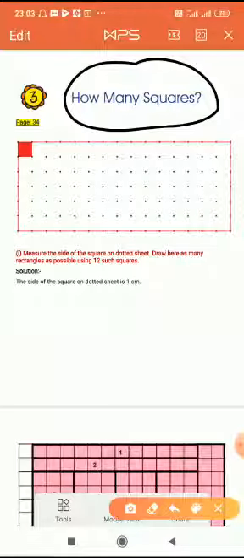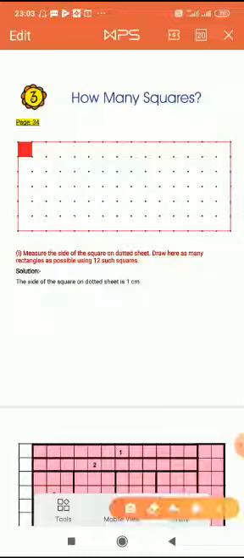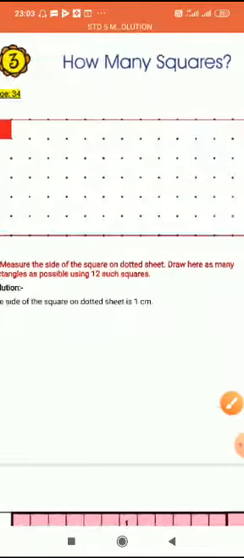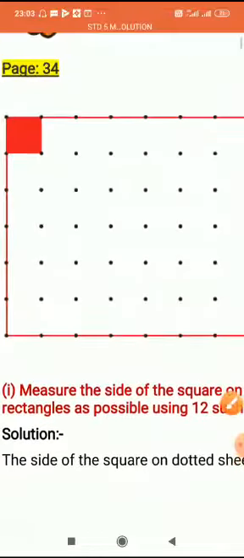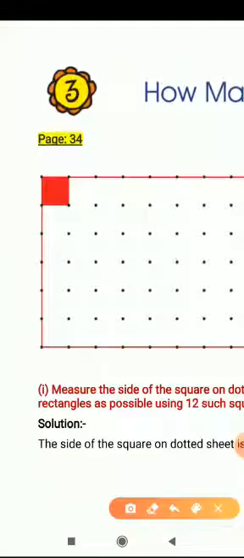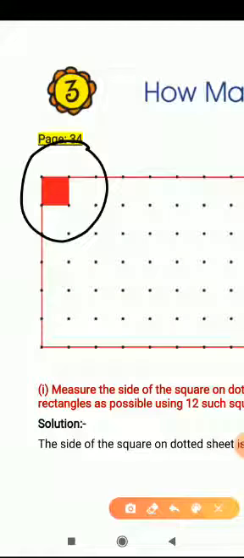Now you all are familiar with this word square. Here you can see this red box. It has 4 sides, 1, 2, 3, 4.